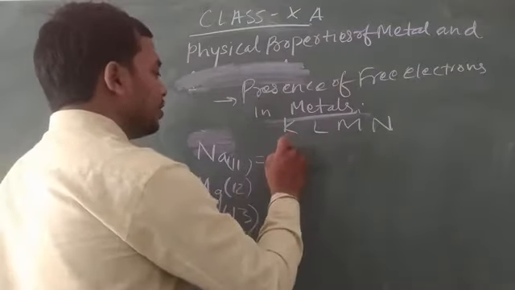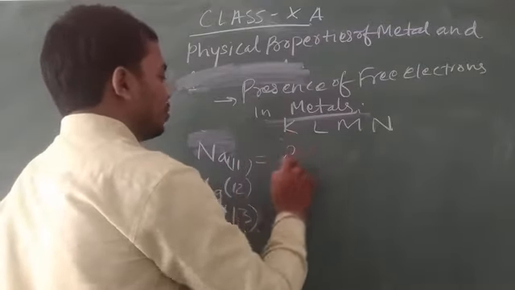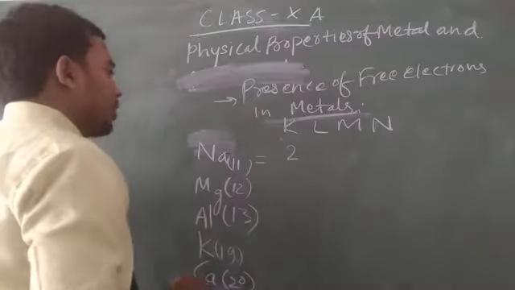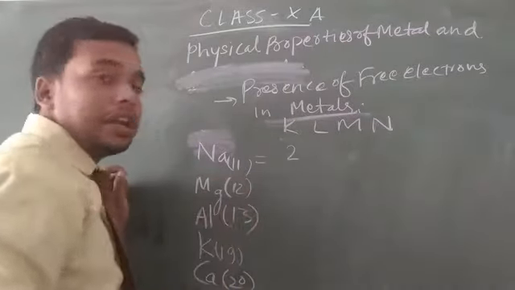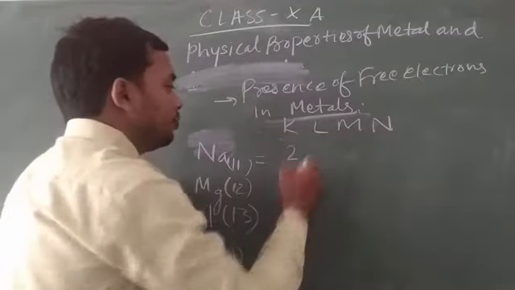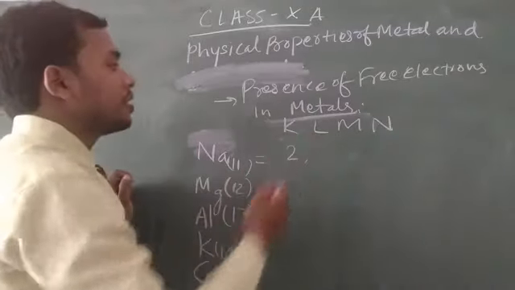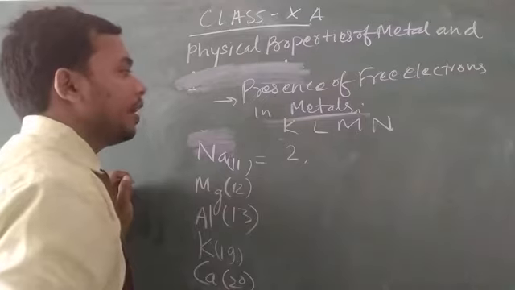Suppose the atomic number of sodium is 11. How will electrons fill in the shells K, L, M?